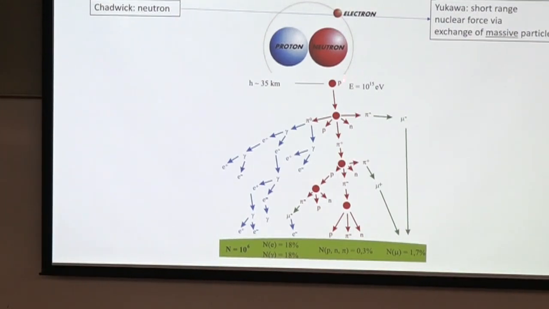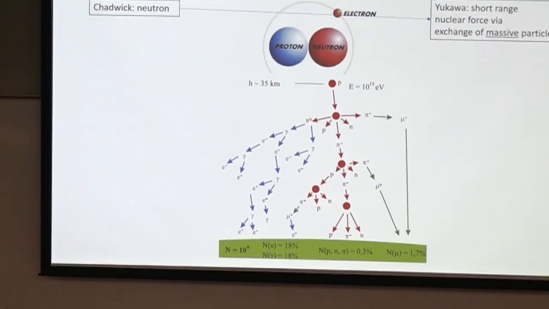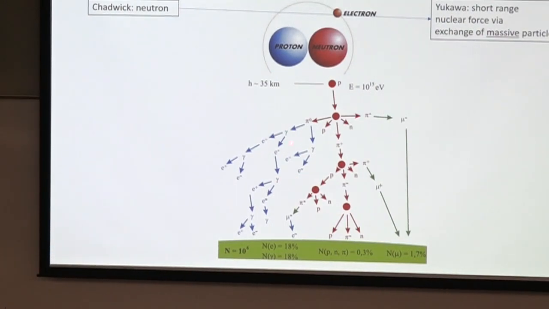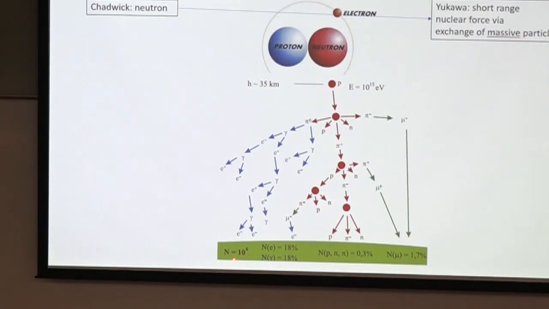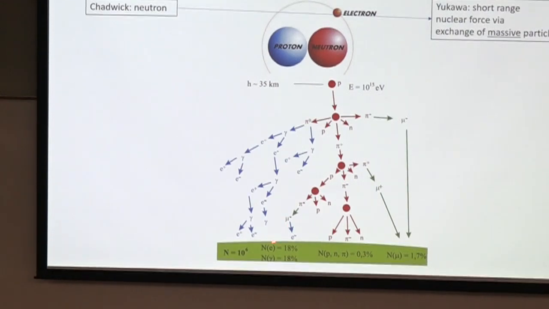And so this thing comes shooting out of the sun, hits the top of the atmosphere about 35 kilometers up, and it hits something, and it just makes a spray of stuff. It makes some other neutrons and protons, and some of these guys that decay make electrons. And when you get down to the bottom, this is made of about 1 million different things. And these are the kinds of things that they're looking for.